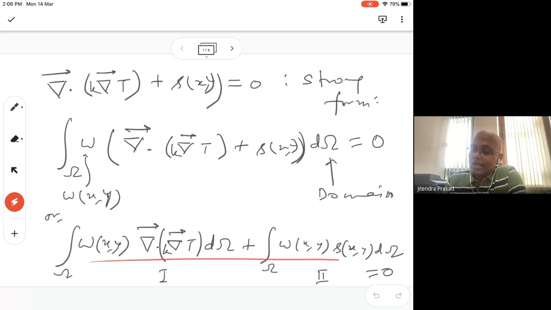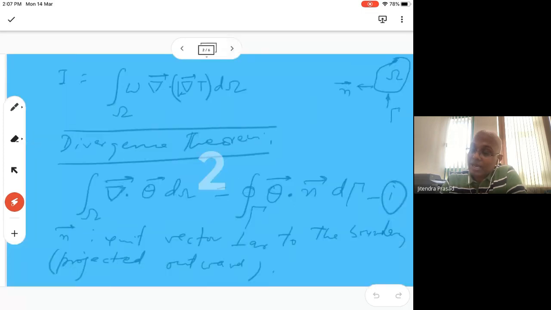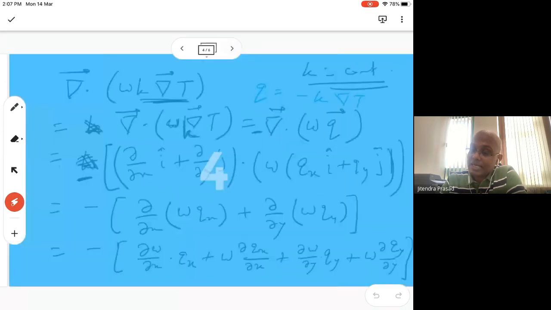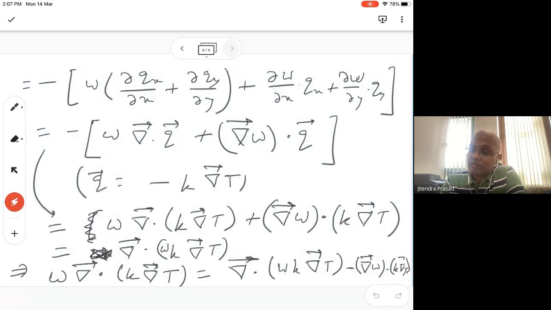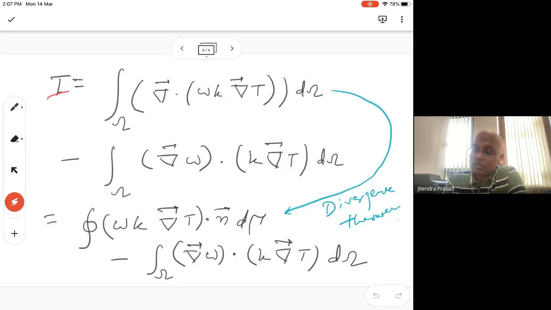Then we had to do the integration by parts. First we looked at number one, and then number two. Number one we sorted out: W times divergence of K times gradient of T, integrated over the whole domain. This we worked out, and we found that it is nothing but this value. So this one is I, and then we have number two as well.